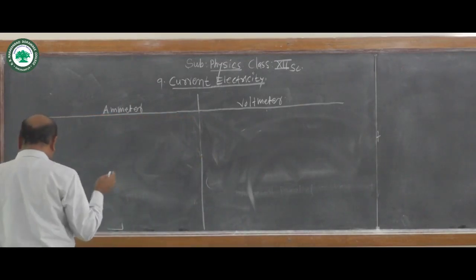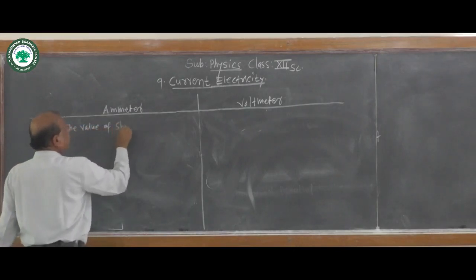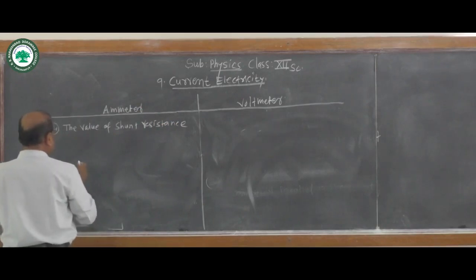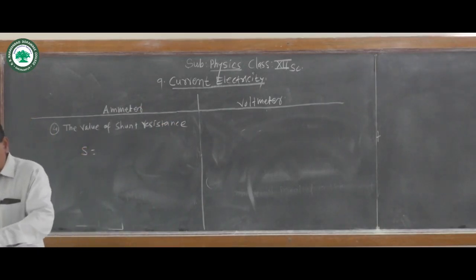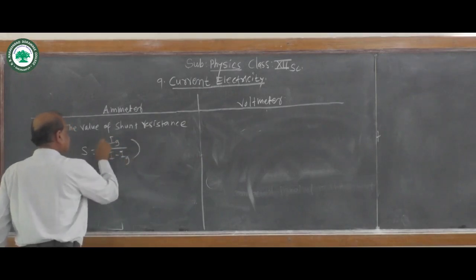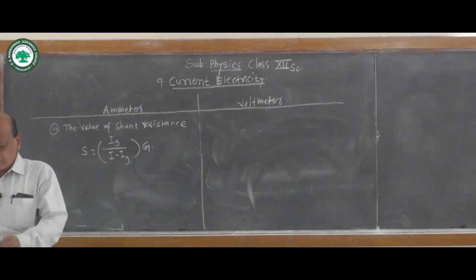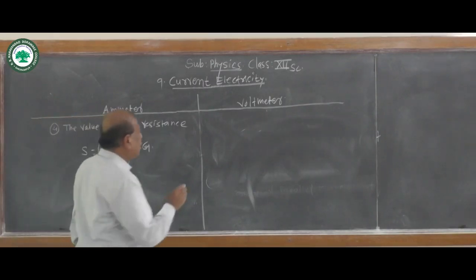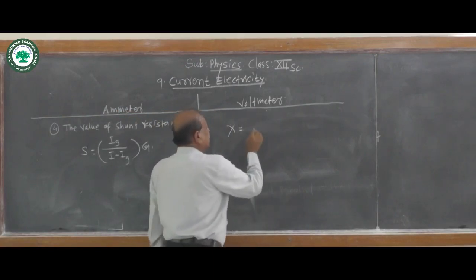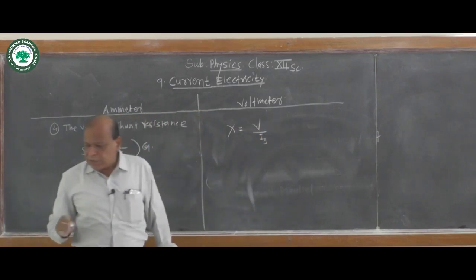The value of shunt resistance, which is connected in parallel to that galvanometer, is S is equal to Ig divided by I minus Ig into G. Now here the value of high resistance X is equal to phi by Ig minus G.